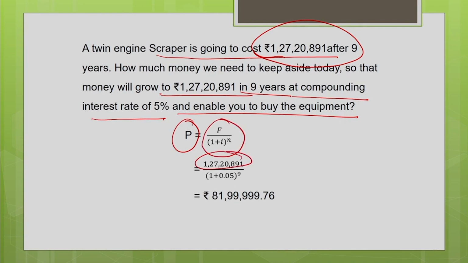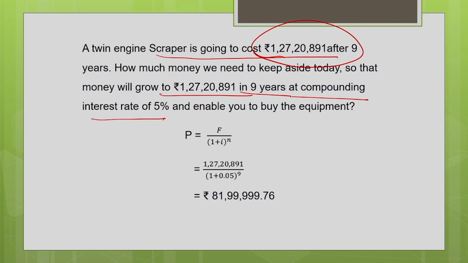Future value is known, compounding interest is 5%, number of years is 9. You can calculate. It means now I have to deposit an amount of 81 lakh 99,999 rupees 0.76 in the bank for 9 years at the interest rate of 5%, so that it will grow to 1 crore 27 lakhs 20,891 rupees. So that at the end of the 9th year I will be able to buy this particular machine.